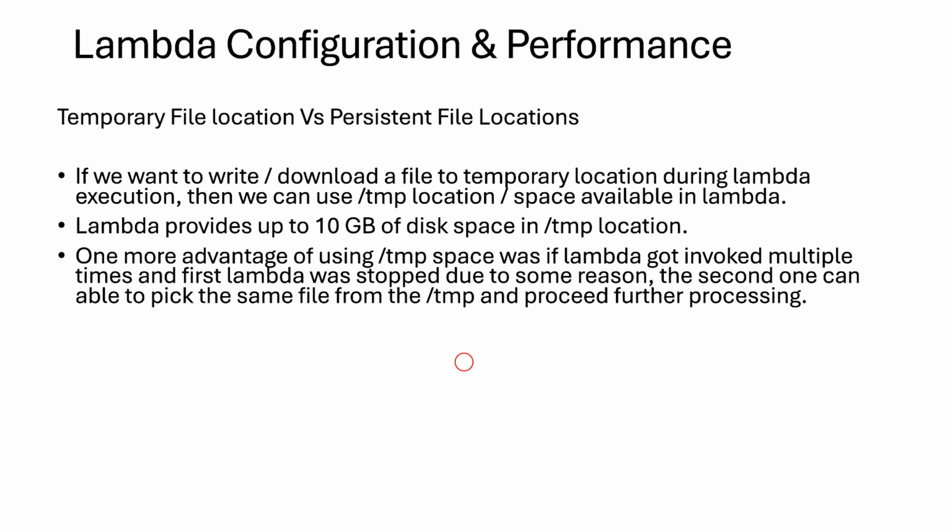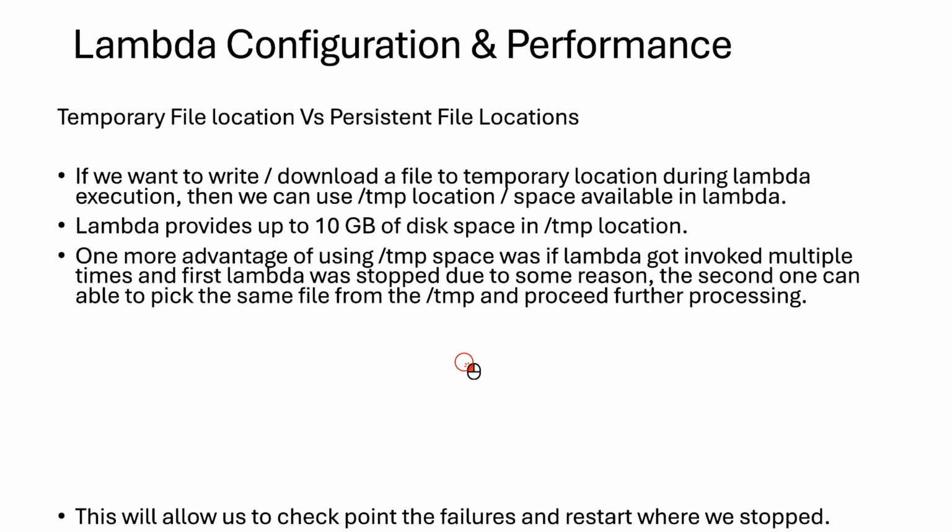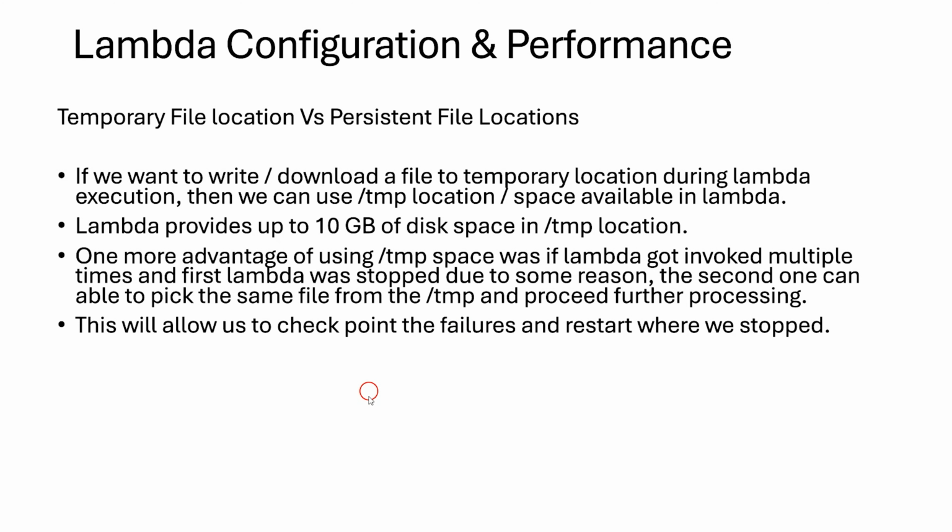This allows us to checkpoint failures and restart where we stopped. For example, if you failed at the first invocation, in the second invocation you can start from the failure point. That is one of the advantages of using /tmp.